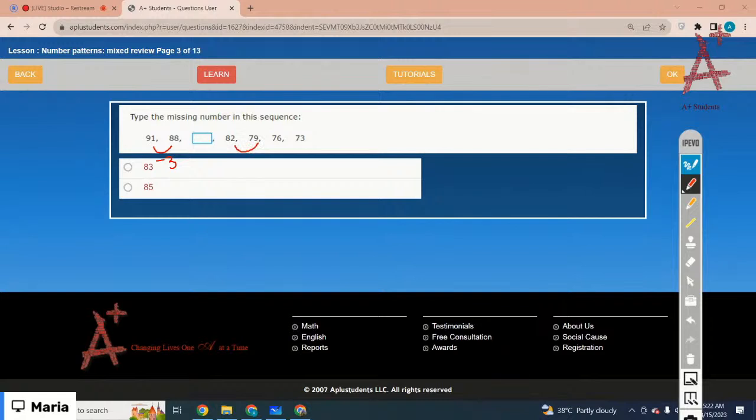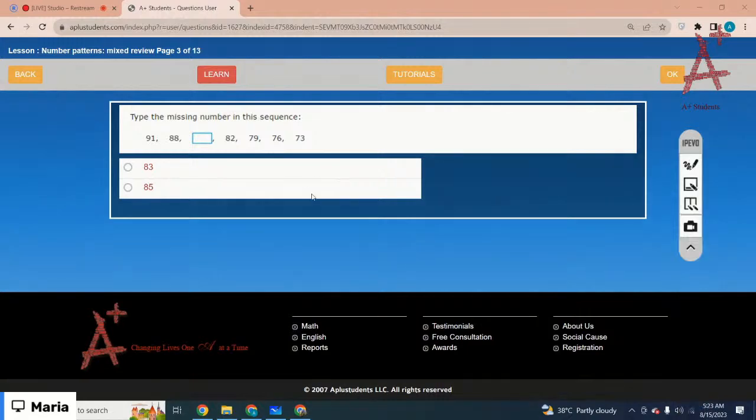Yes, they're decreasing by 3, right? Every time. That means 88 minus 3 is the missing number. So, which is the correct option? 88 minus 3 equals 85. That means the missing number here is 85, right?